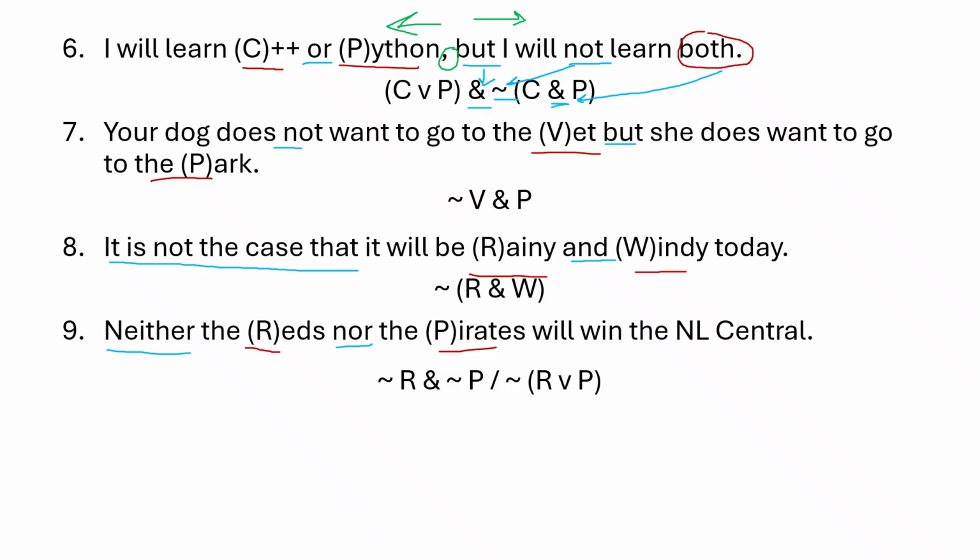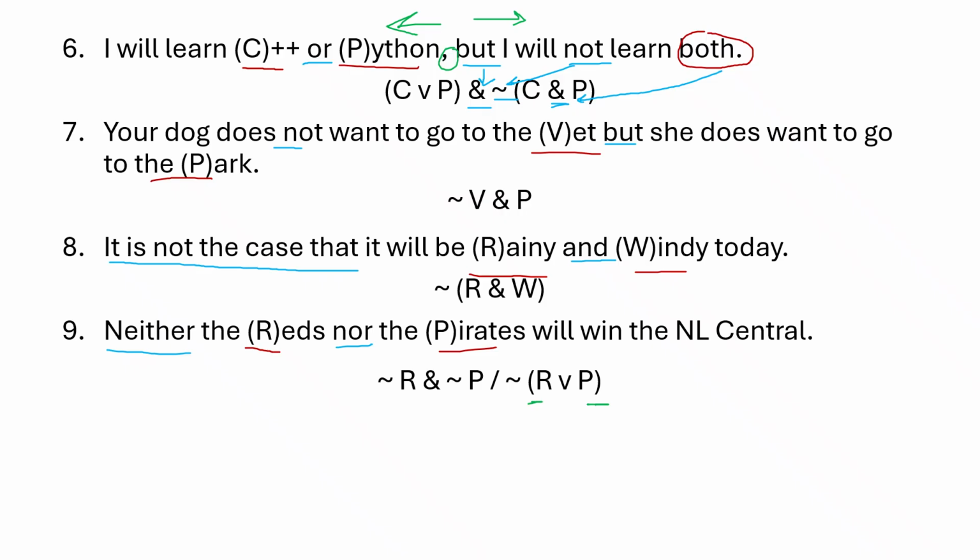If you want to use the wedge, then you have to set a set of parentheses around the R or P. Why is that? Because you're negating that whole statement that it's either one or the other, when in reality it's not the case that it's either one of them.